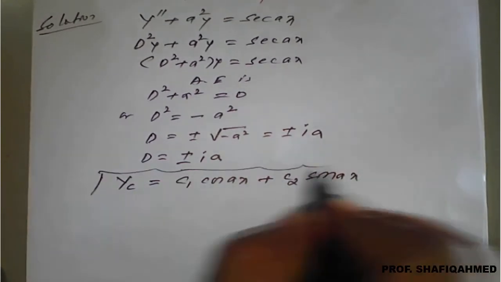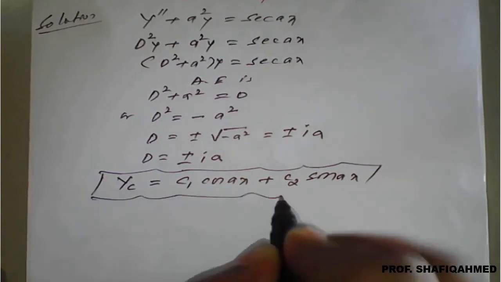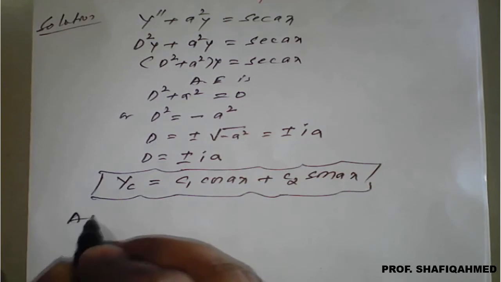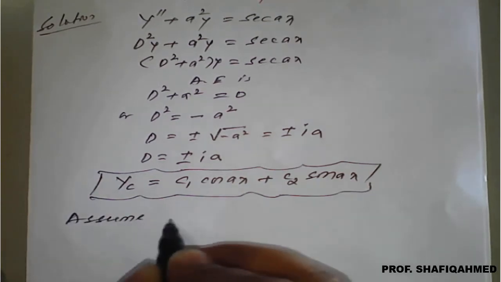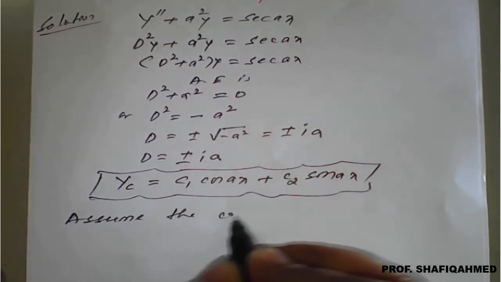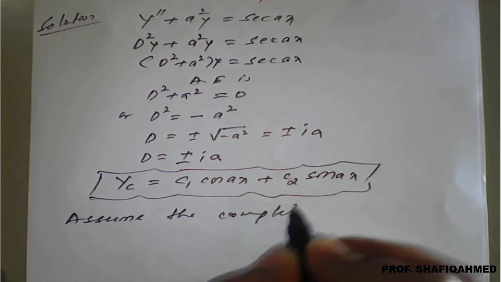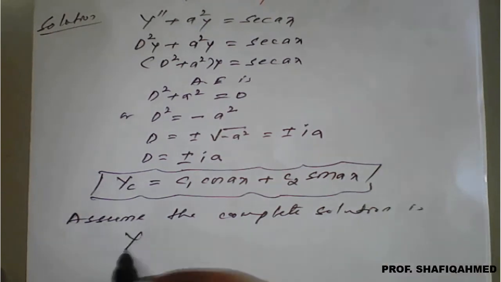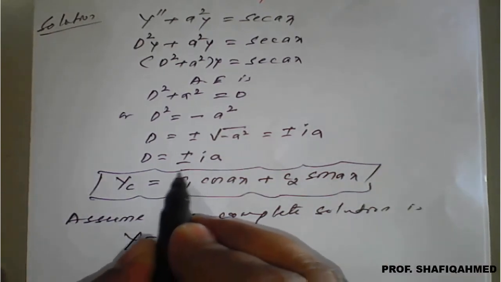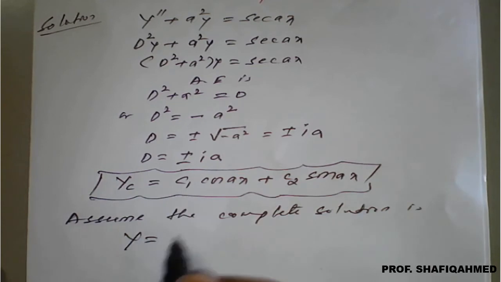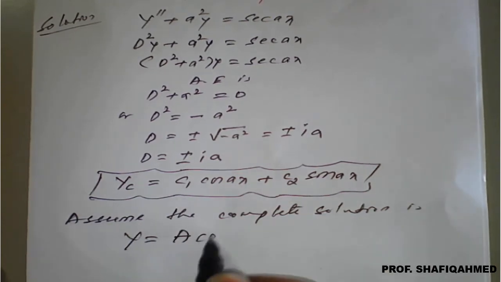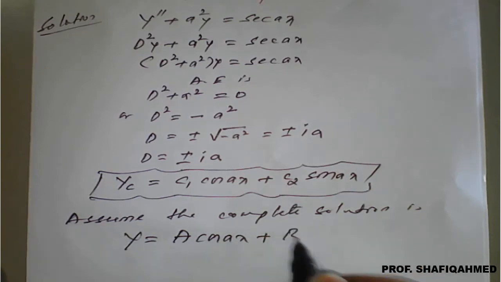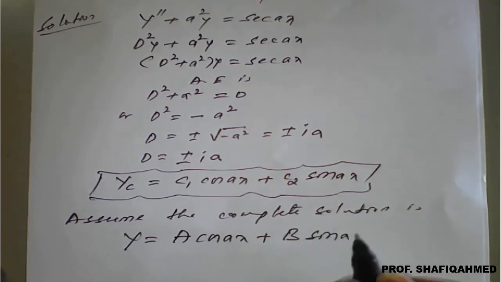So this is your yc, but by referring to the yc we have to write a complete solution. So assume the complete solution is y is equal to, careful, where c1 is there I'll write a times cos of ax as it is, and where c2 we have, we'll write b sine of ax.